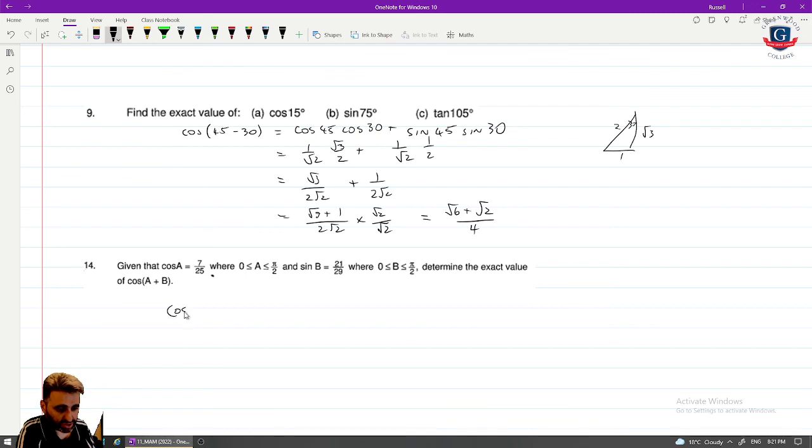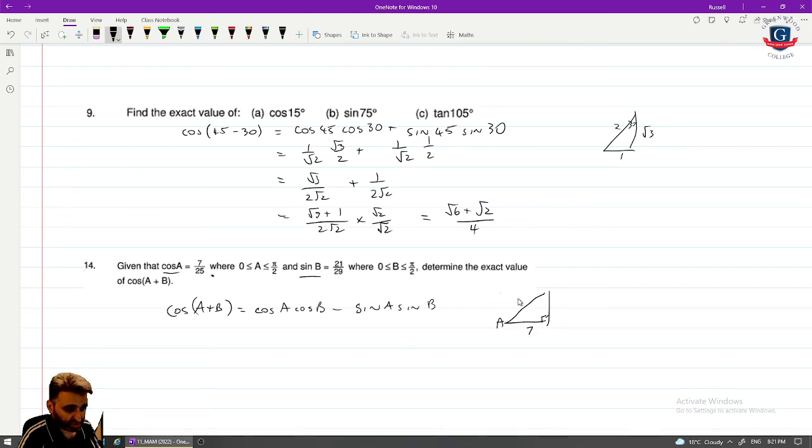You'll have cos A plus B is equal to cos A cos B take sine A sine B. Now we already have sine B and we have cos A, so we'll need to find cos B and sine A. So let's write down what we know.